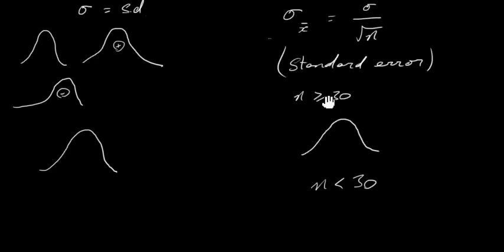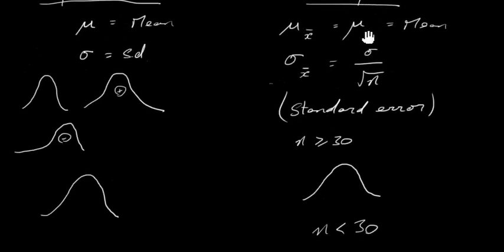Our mean will be the same as the mean of our population. Our standard deviation will be given by standard deviation of our population divided by the square root of n. So it works even if the sample size is less than 30, but our population distribution must be normal.